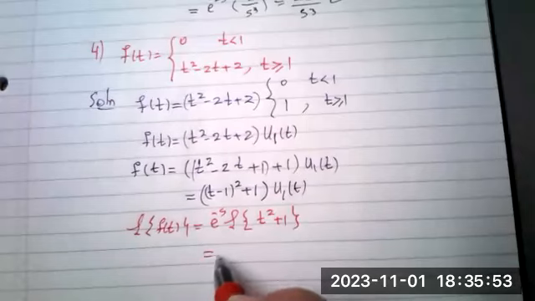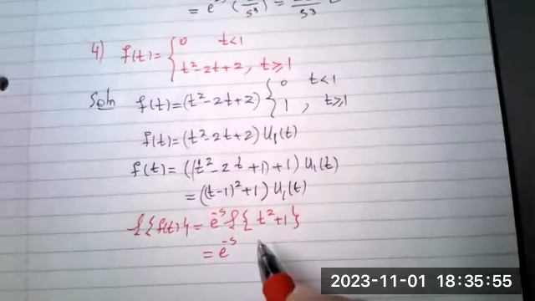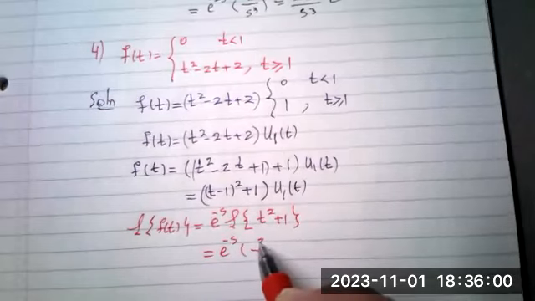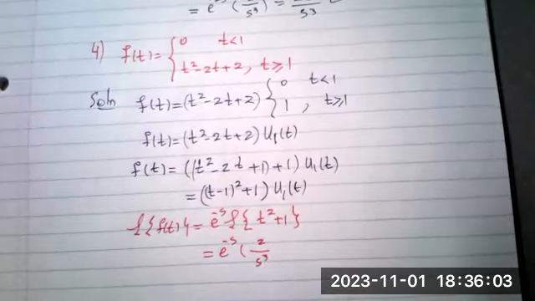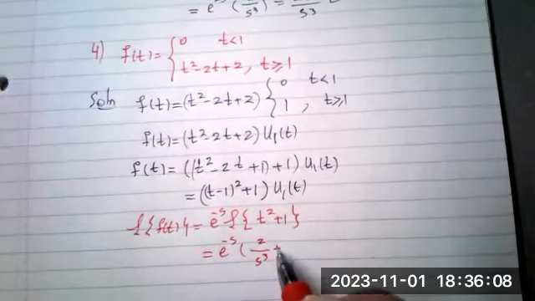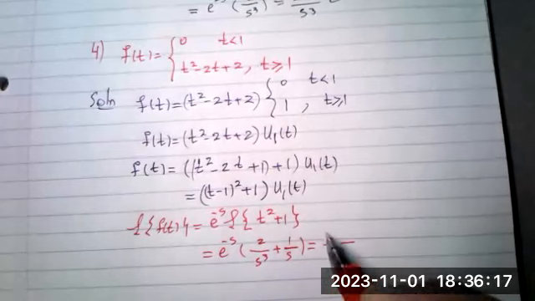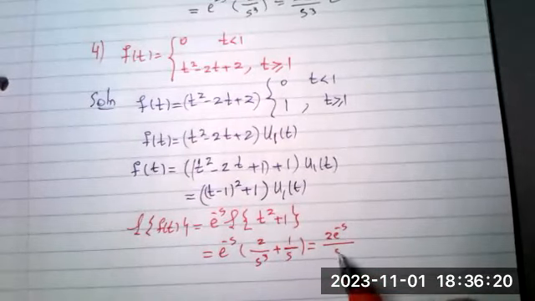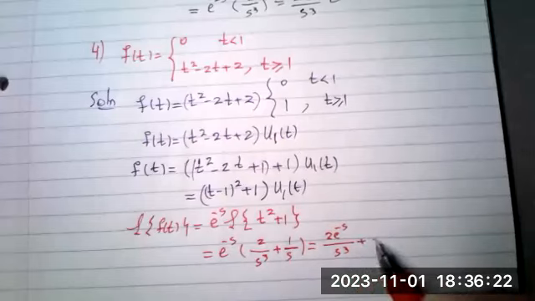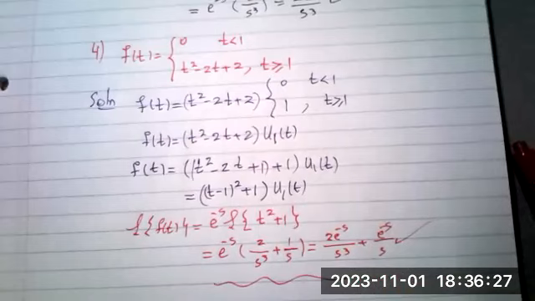So it's e to the negative s, Laplace of f of t. Laplace of t squared is 2 factorial, which is 2 over s cubed, and the Laplace of 1? 1 over s, because 1 is t to the 0. Okay, that's it. So it's 2e to the negative s over s cubed plus e to the negative s over s, the final.